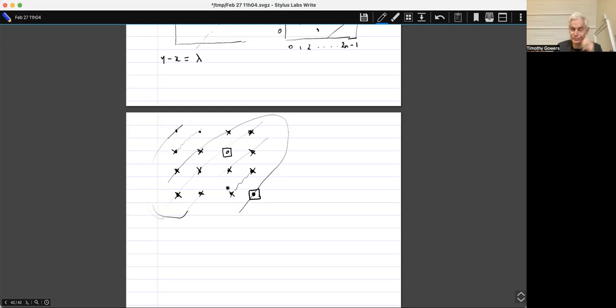Had I picked this one instead, this is going to be unpleasant to draw, then it would have ruled out everything here, and it would have ruled out this, and I would have been left with, I think, that one and maybe that one, which would, oh, maybe those 2, which would have been in the same diagonal.